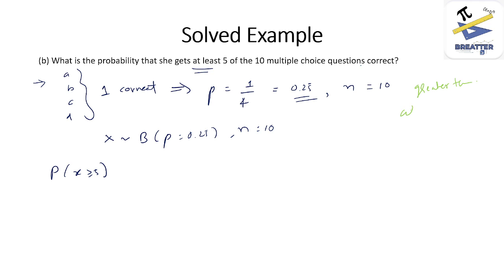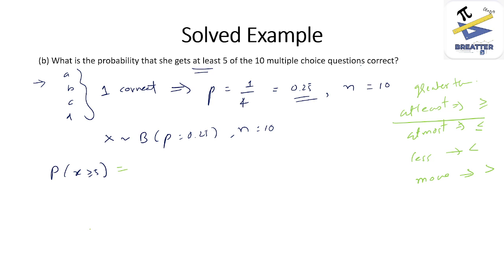But if it is mentioned at least, then we need to use greater than or equal. If at most is given in the question, then we need to use less than or equal. If lesser is given, then we use less than, and if more than is given, then we use greater than. So if at least is given, then we need to use greater than or equal.